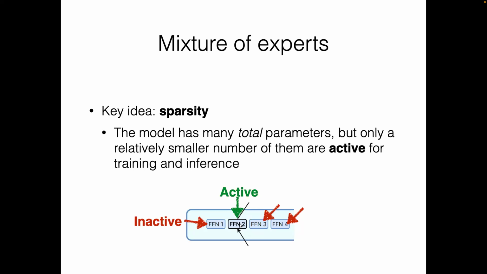Okay? And so there are a lot of questions here, like how do you select? How often do you select? It turns out that what we're going to do is select these experts for every single token. So this can vary by token. And then really the key idea here is we can increase the number of parameters in the model, but during training and inference, it's a fixed, relatively small number of parameters that you're actually using.